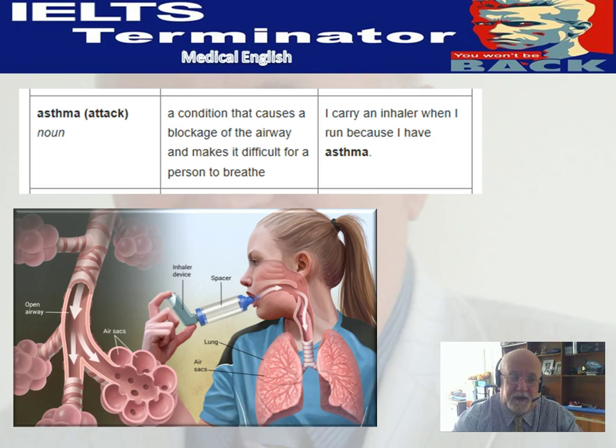An inhaler device, a spacer, and the other parts we already know from biology. We might hear it said like this by people: I carry an inhaler when I run because I have asthma. It's a treatable situation in most cases, but it may go on for a very long time.